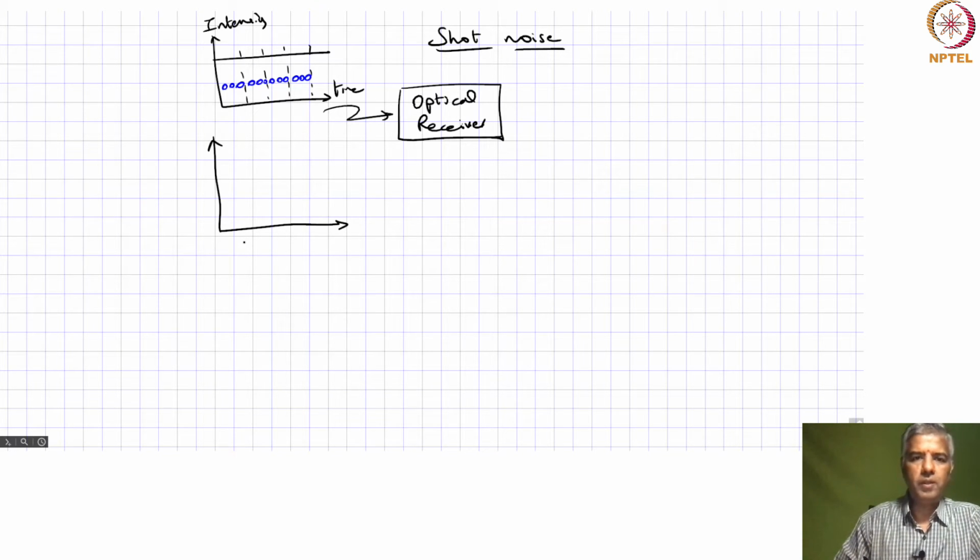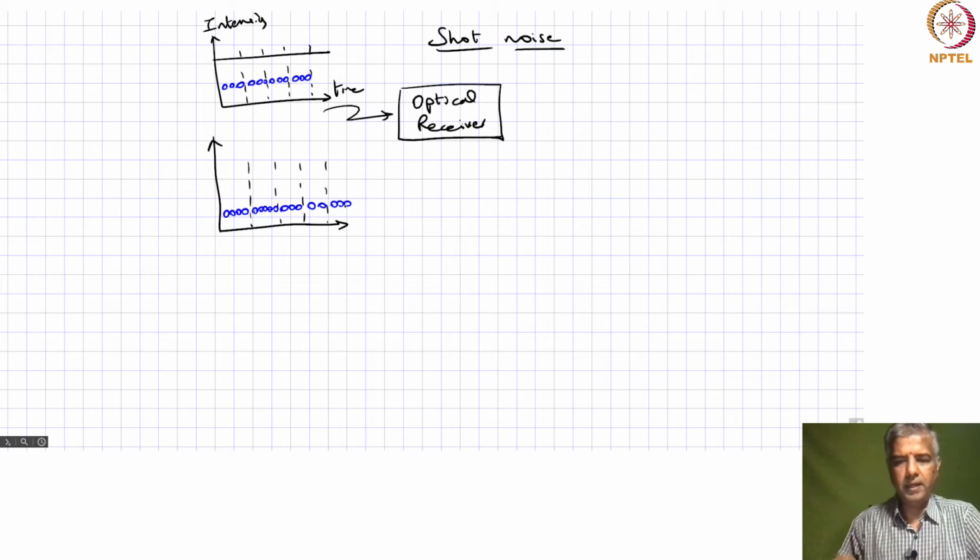Instead, what we will see is, once again, if we look at these time slots over here, in reality it could be 4, it could be 5, it could be 3, it could be 2, it could be 3 again, and so on.